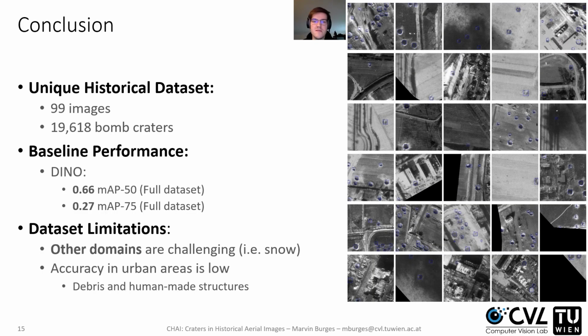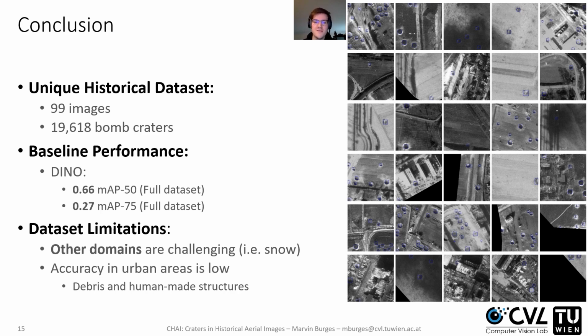Yes, so this brings me to the conclusion. We presented today, or we will present, a unique historical dataset which contains 99 images and about 20,000 bomb craters. We also showed that you can achieve a reasonably high baseline performance in the intersection over union 50 metric.